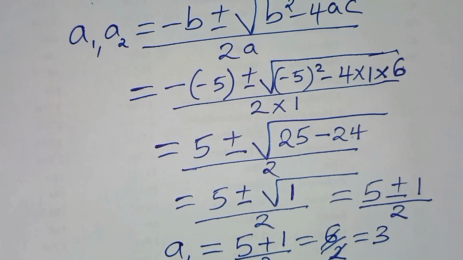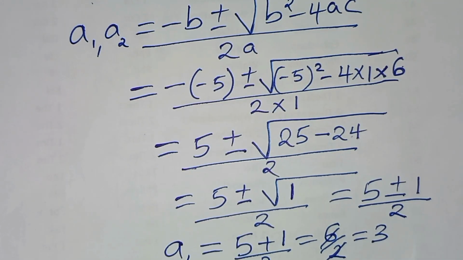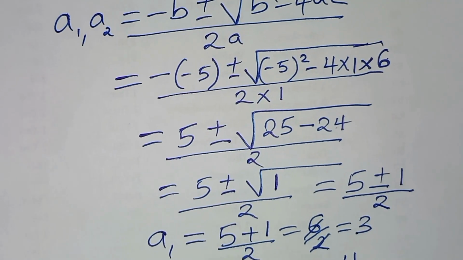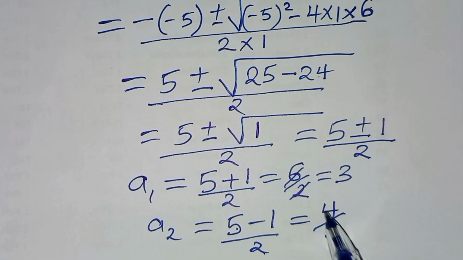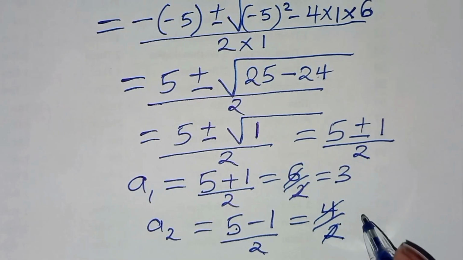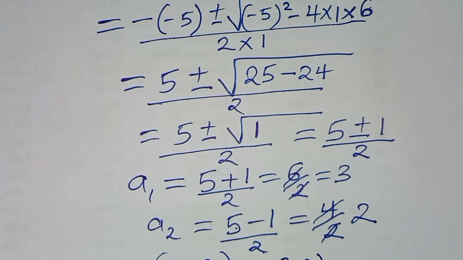Now a2 is equal to 5 subtract 1 divided by 2, which is 4 divided by 2, and therefore a2 is equal to 2. So we have a1, a2 equal to 3 and 2.